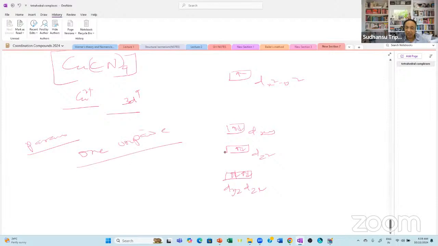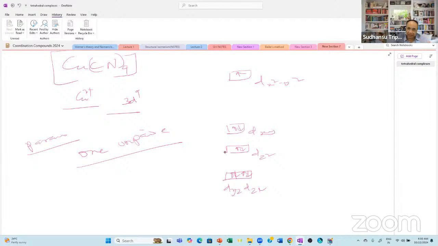In the language of VBT, there was much debate. Some people took that d electron to 4p and carried out dsp2 hybridization for any other square planar complex, but Huggins proposed, and many accepted, that if that unpaired electron is present in a higher energy 4p, it would be easily lost and copper 2+ could easily form copper 3+, which is not happening.